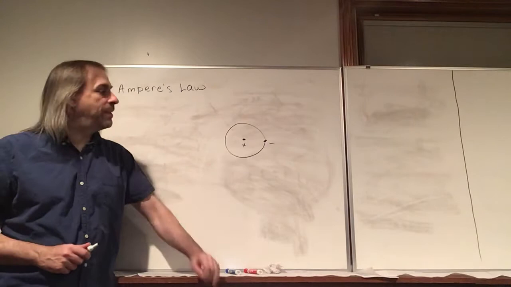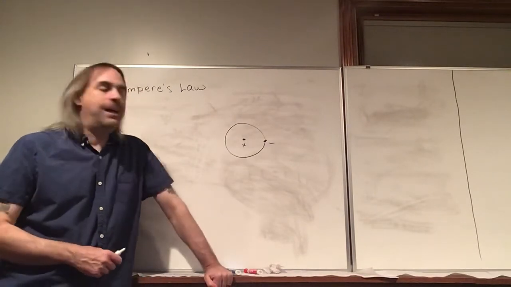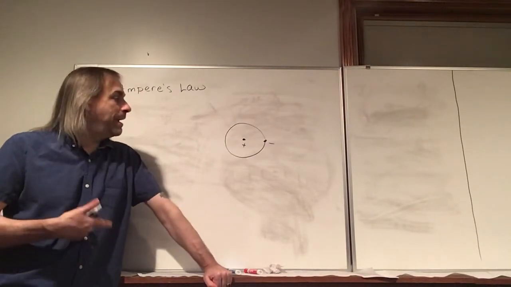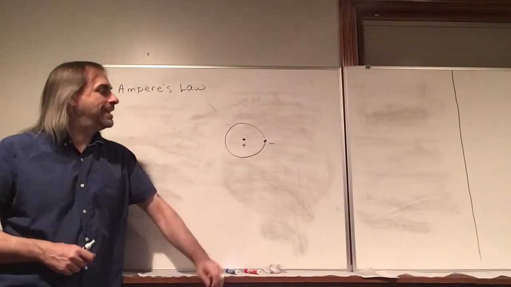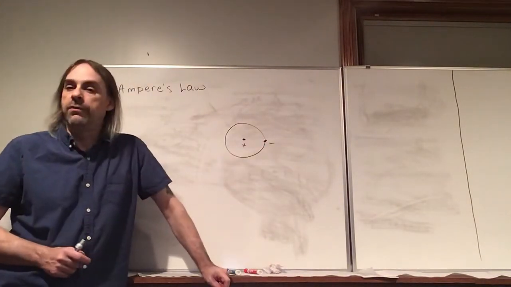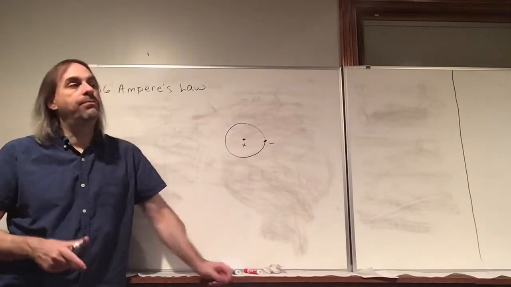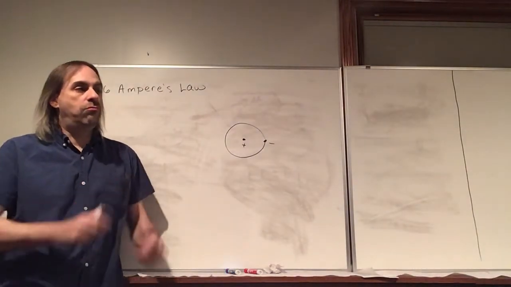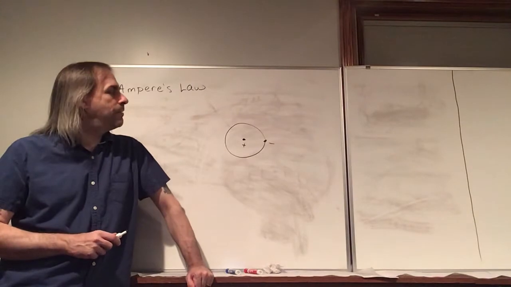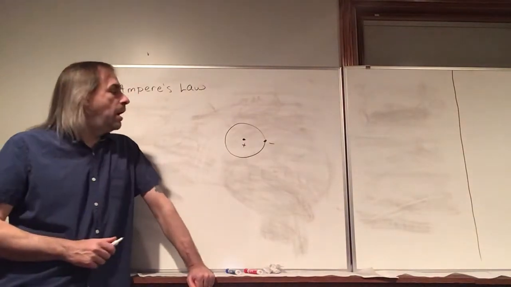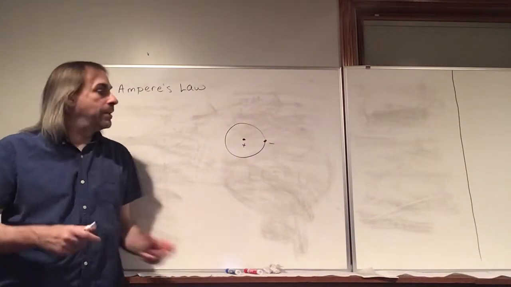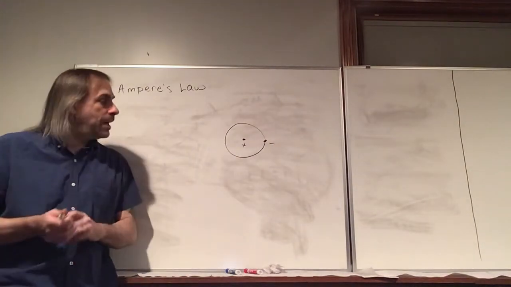Now the nucleus of the atom actually has its own magnetic field as well. And the electron even has an intrinsic magnetic field. We consider the electron just like a point particle. It's probably not really a point particle, it has to have some size.